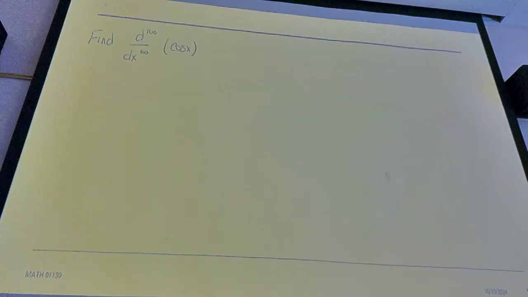Find the 100th derivative of cosine. After a while, we would just be getting 0 because we're finding derivatives of x.